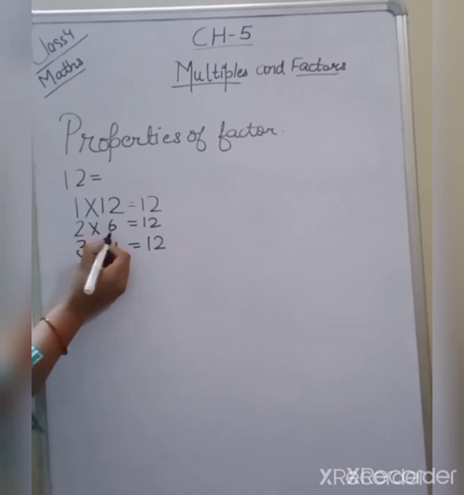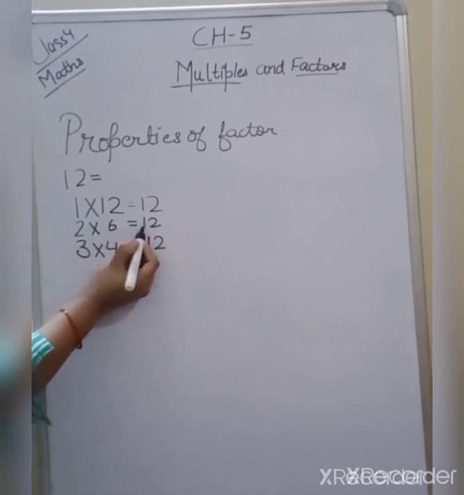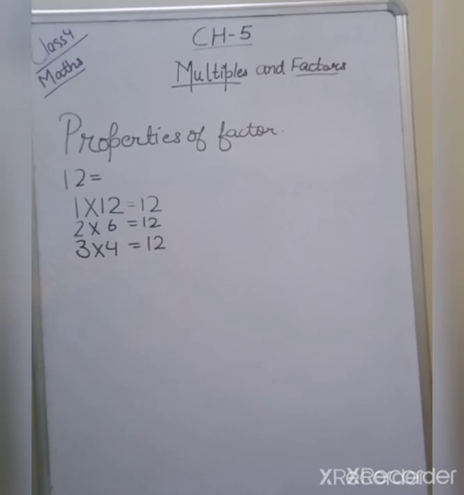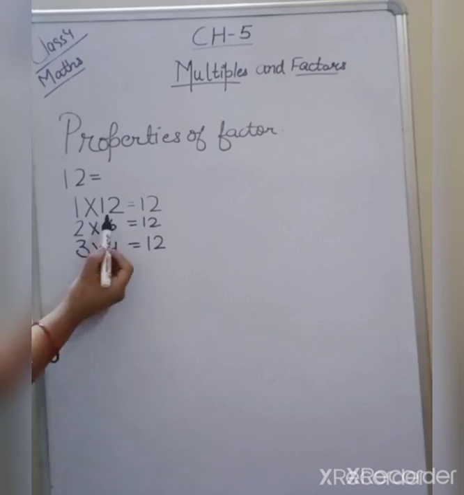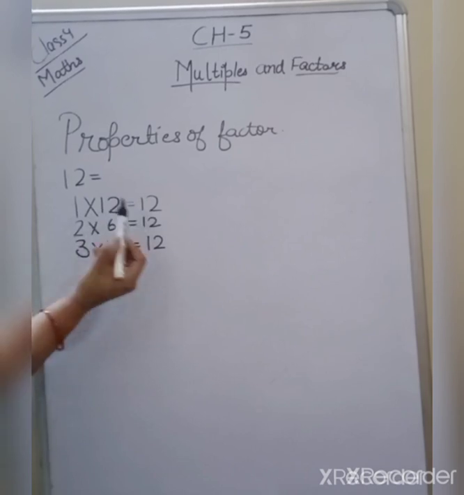If you talk about 6, yes. 2 times 6 is 12. If you talk about the 7, 8, 9, 10 and 11 tables, you will observe that 12 is not coming in these tables. And 12 comes in its own table, like 1 times 12 is 12.